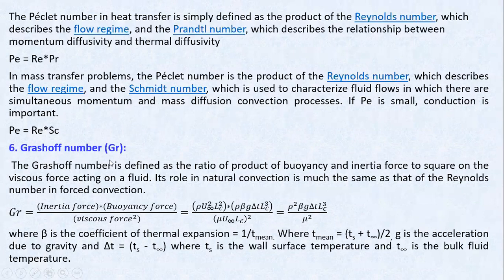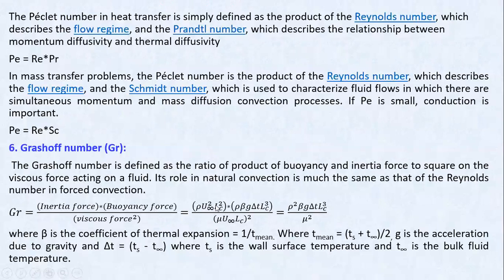Next is the Grashof number. This Grashof number is generally used for natural convection, and it is defined as the ratio of the product of inertia force and the buoyancy force to the square of the viscous force.